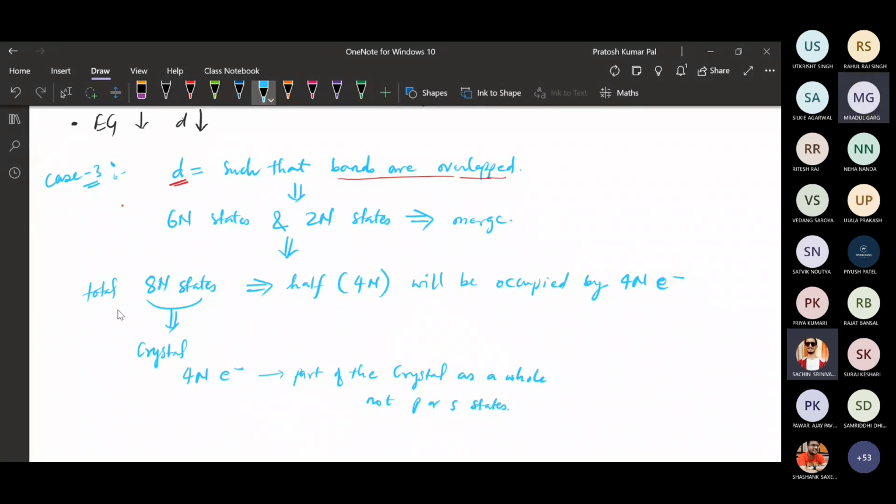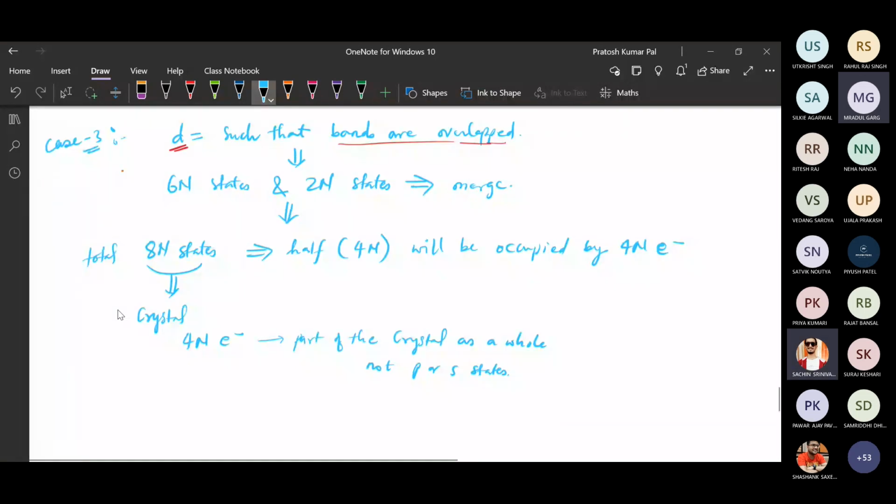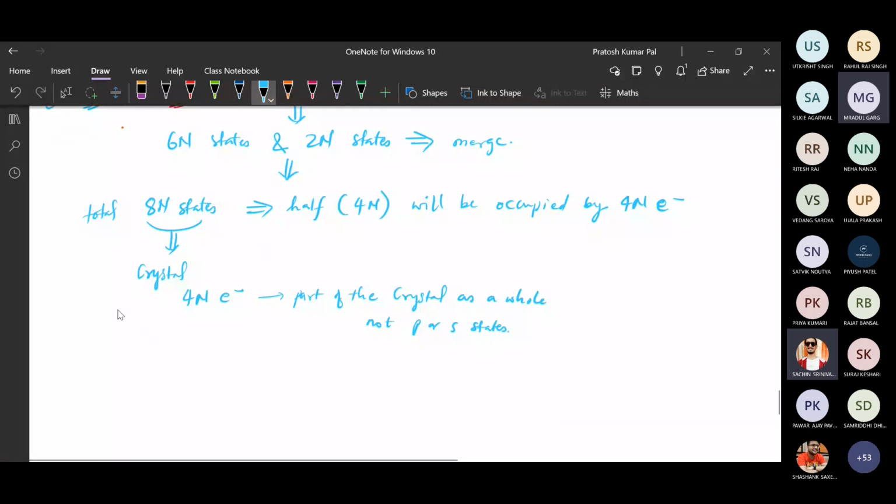So initially when D was large, the energy levels were defined by the P state and S state. Once it is made closer such that overlapping of bands is there, then that will form a crystal. In that, the energy level will be defined with respect to the crystal. So half is occupied by the crystal level and half is empty.